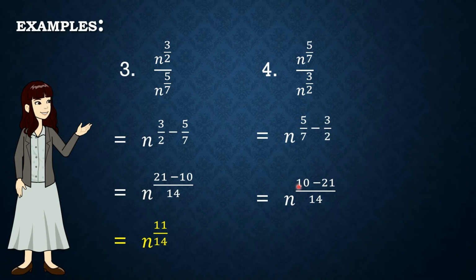So 10 minus 21 becomes negative 11 over 14. Just copy the denominator. So n raised to the negative 11 over 14. How can we make this positive? You write the reciprocal. So we have 1 all over n raised to 11 over 14. And that will be the answer.